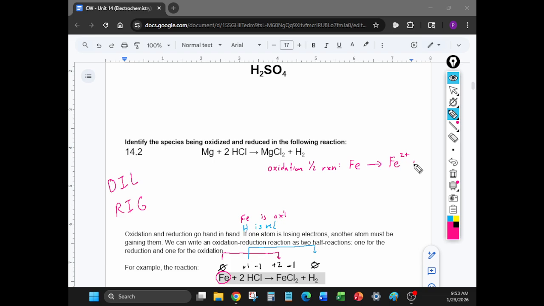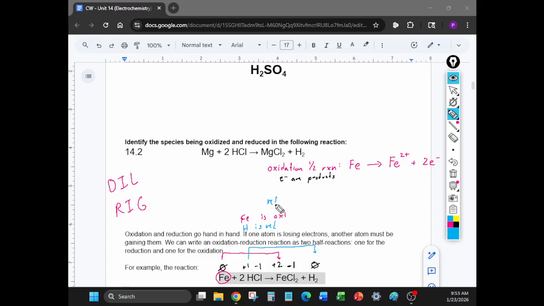So electrons are going to be a product. And how many? If it goes from 0 to +2, that means it loses 2 electrons. So when you have an oxidation half reaction, you might want to jot this down. Electrons are products. Okay, because it is separating from the electrons. It's losing them, so electrons are the product.